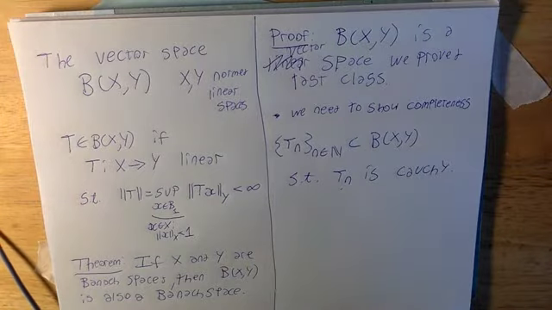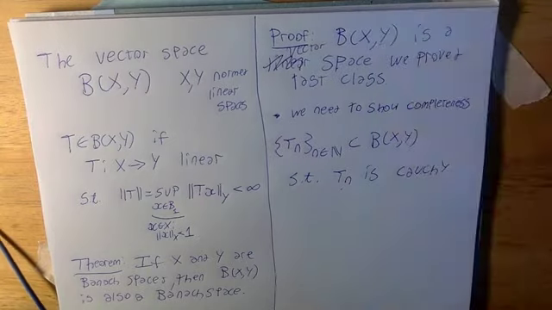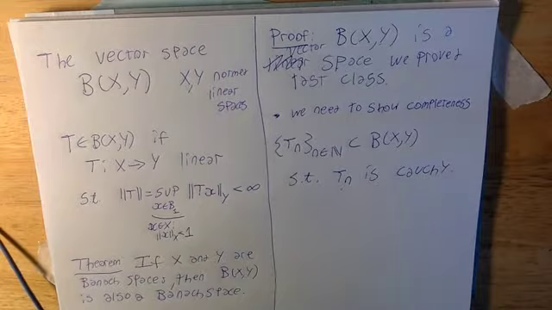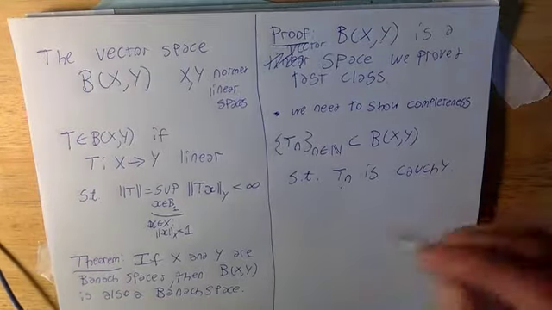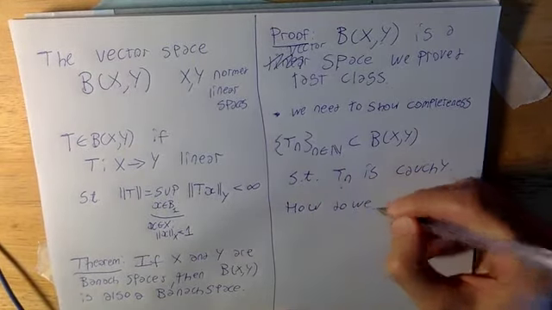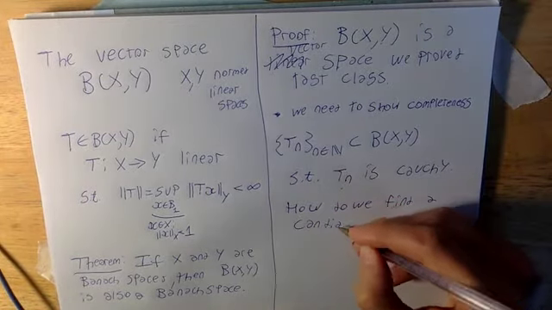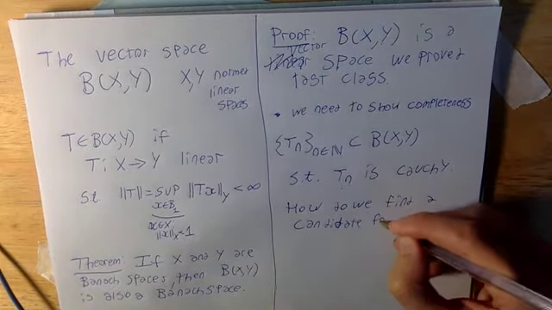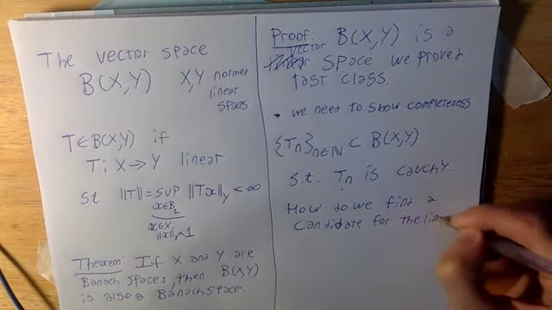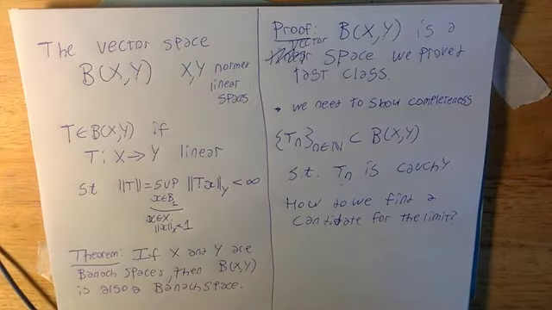Now we're going to use the Banach property of X and Y. Actually, we probably only need the Banach property for Y, but let's look at that. So first of all, how do we find a candidate for the limit?